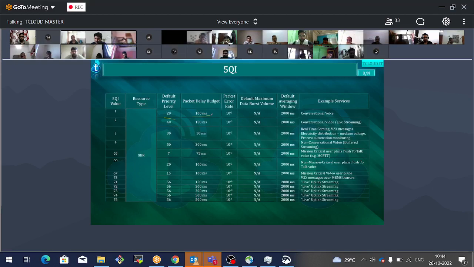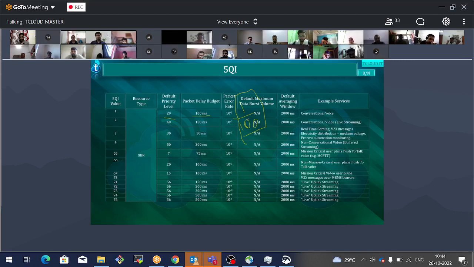And packet error rate is 10 to the power of minus 2, which is nothing but 1 by 10 to the power of 2. 10 to the power of 2 is 100, which makes it 1 by 100. That means 1 out of 100 packets is allowed to be missing, which is considered a very heavy error rate. That means if I generate 100 voice packets, the network is promising that out of them it will try to transmit 99 of them without missing.